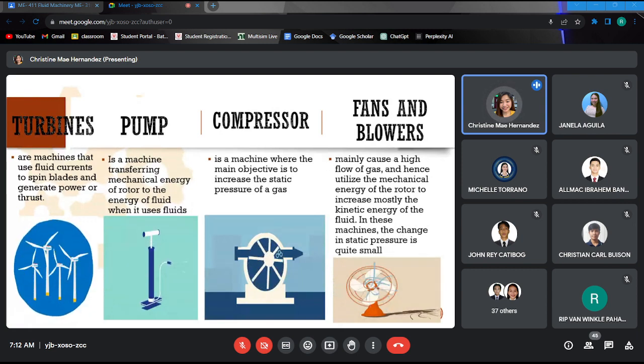Gases are compressible while liquids are relatively incompressible, so compressors are rarely used for liquids.